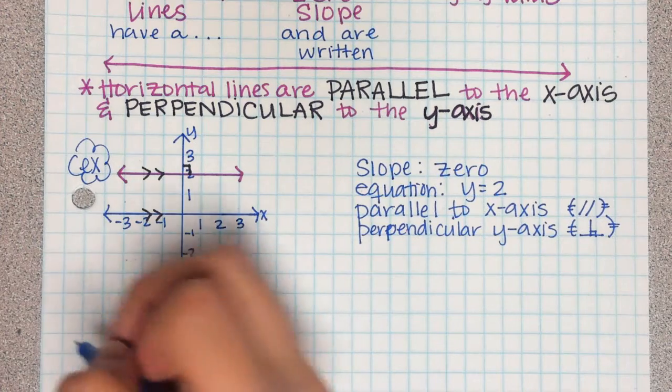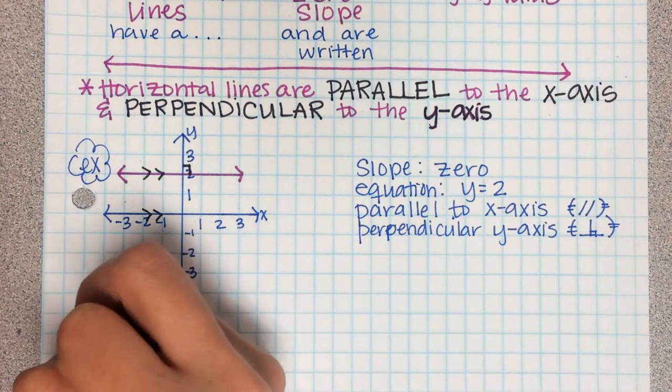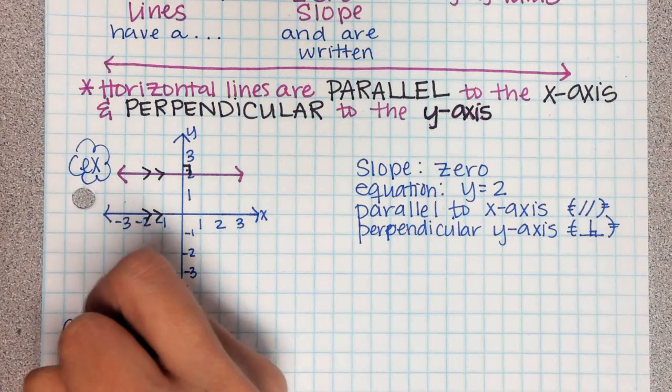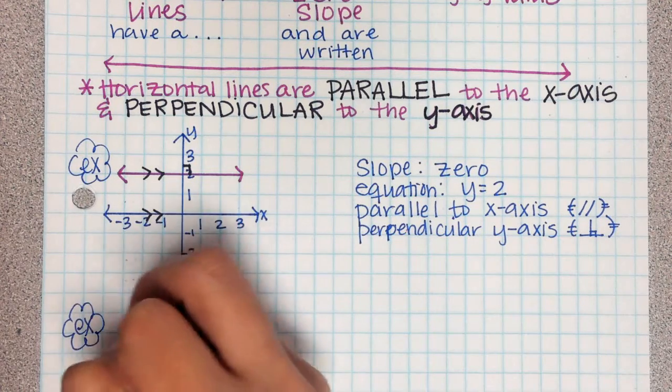I'm going to go ahead and do another example just because that one was so short, and this is more of what you might see on the STAR test or the EOC.